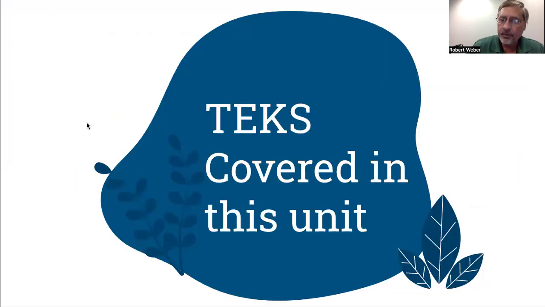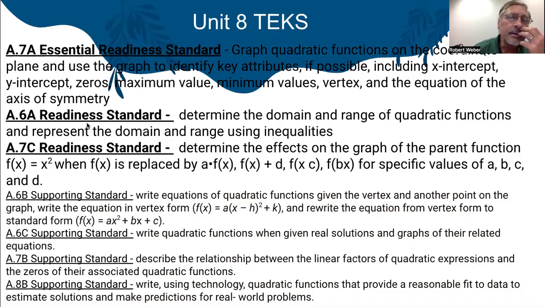Okay, so for Unit 8, you have a lot of TEKs here. There is an essential readiness. A7A is an essential readiness TEK. That's our priority. That is graphing the quadratic and then identifying key attributes such as x-intercept, y-intercept, zero, maximum, minimum, vertex, axis of symmetry, and so on. Great attention is going to need to be paid to that.